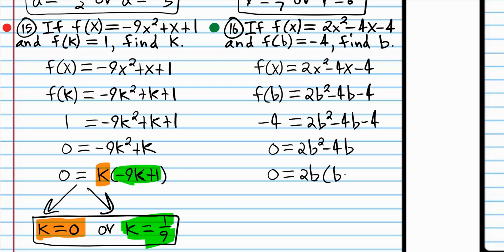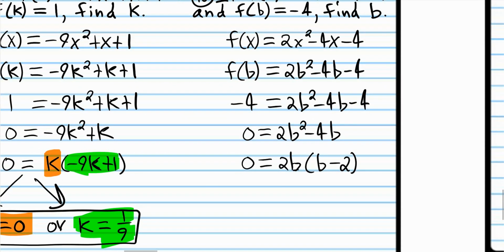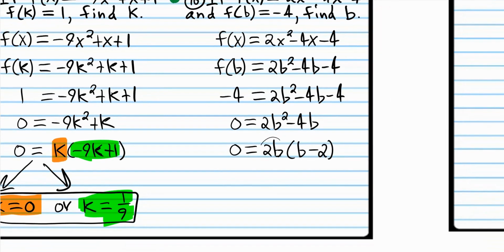The GCF is the biggest number that can go into these two terms, the greatest factor that's common to both these terms. 2b times b is 2b squared, and 2b times negative 2 is negative 4b. So that factor tells us that b can be 0, and the other factor tells us that b can be 2.